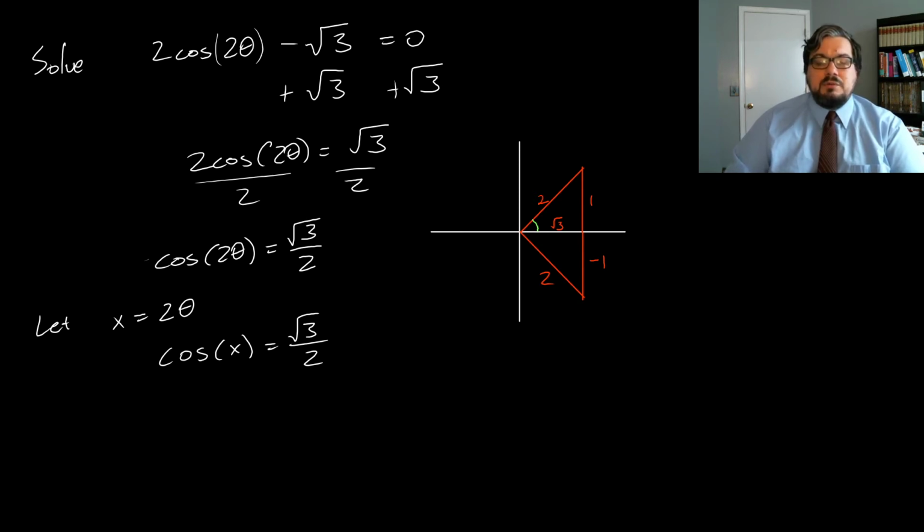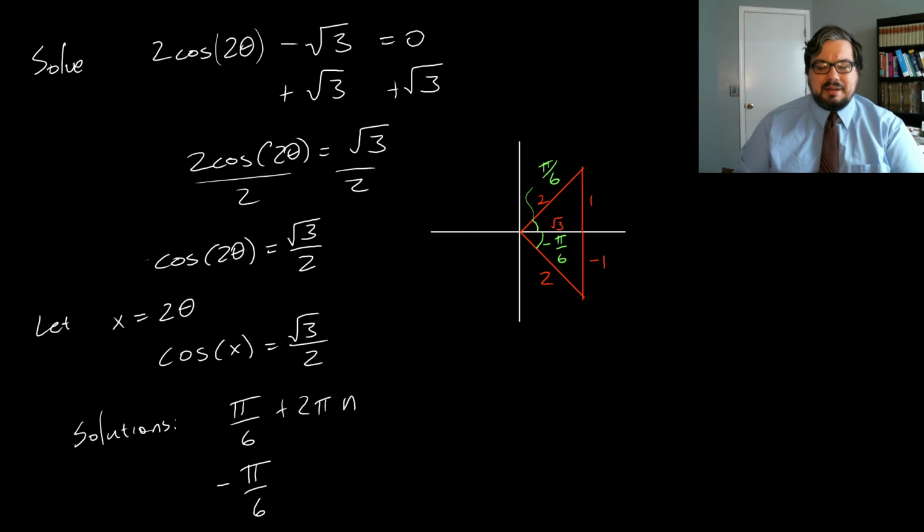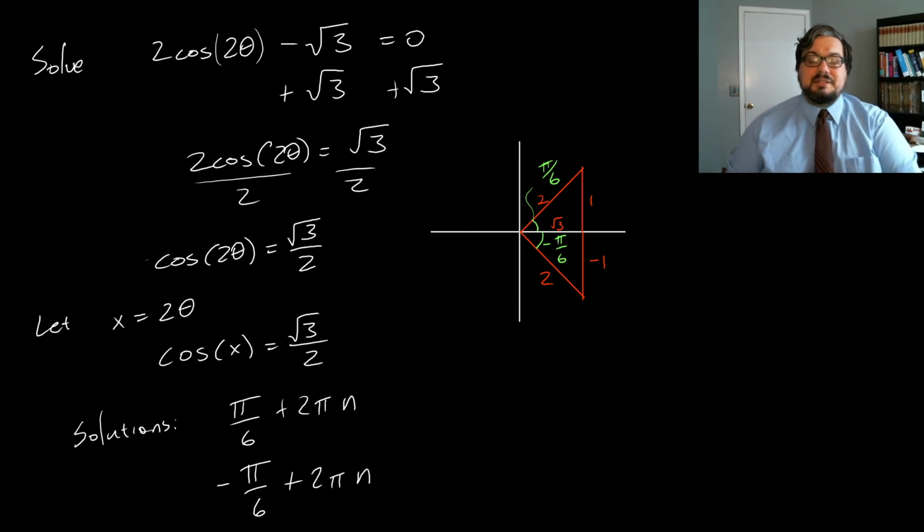Now, we don't always have to use the interval from 0 to 2 pi to express our answers. In this case, it's a lot easier, actually, to use the angles pi over 6 and negative pi over 6. So our solutions here will be pi over 6 and negative pi over 6, and then we'll add 2 pi n to both. It's okay for us to include a positive and a negative.